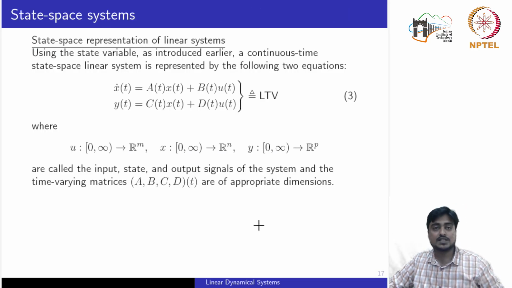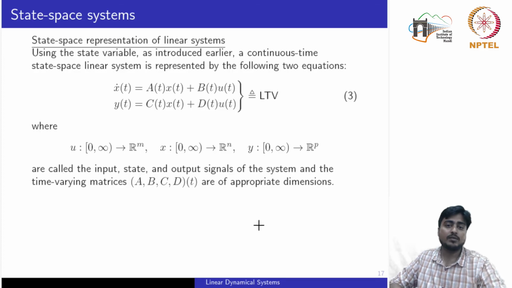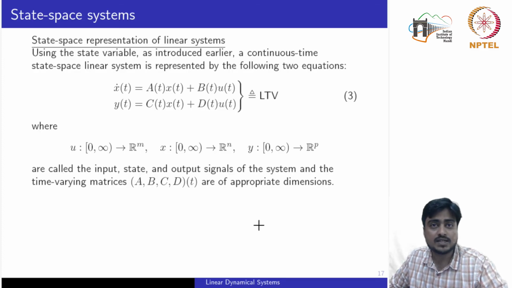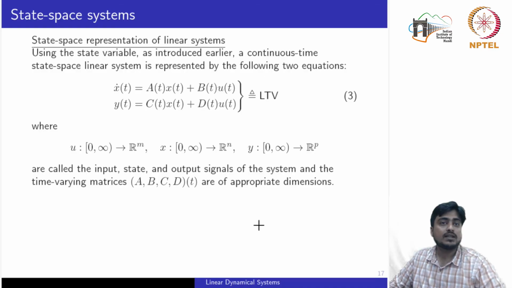Now introducing the state space representation of a linear system. The idea behind introducing the state space representation is that whenever we define the output of the system considering only the inputs and the outputs, we define the zero state response. Now if we need to compute a unique response combining the state and the output, we need some representation. The earlier description we saw only in terms of the signals x, u and y.